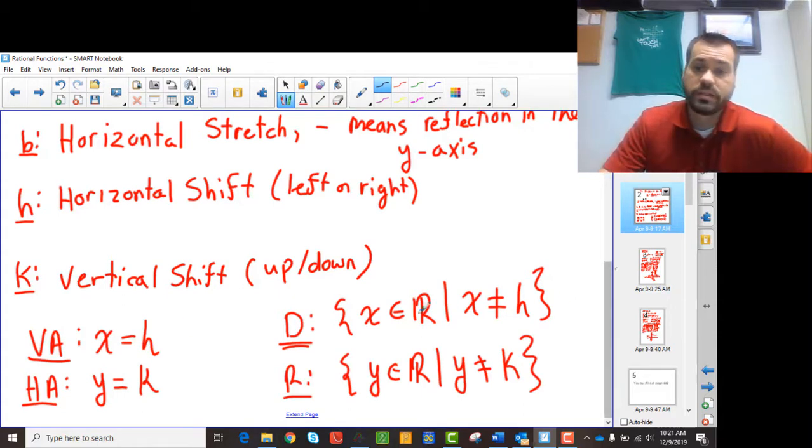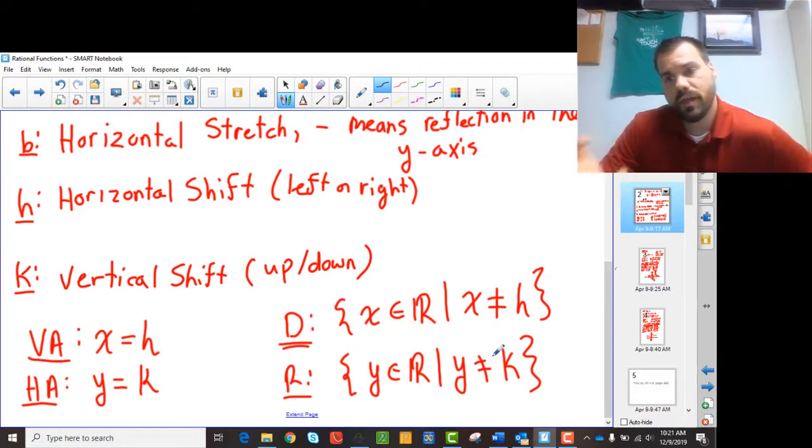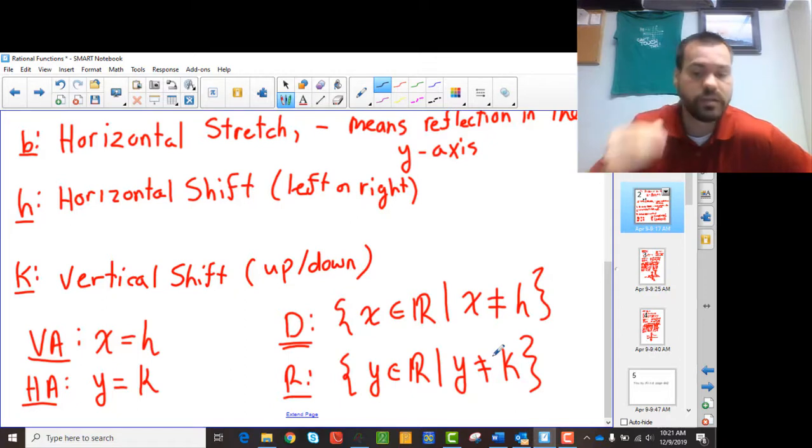And then the domain and range is just x belongs to real numbers, but x can't be h, and y belongs to real numbers, but y can't be k. So all it does is change the zeros to h's for x and k's for y. The a and b do not affect the domain and range, and they don't affect the vertical and horizontal asymptote. And the reason they don't is because they're multiplied, whereas h and k are added.